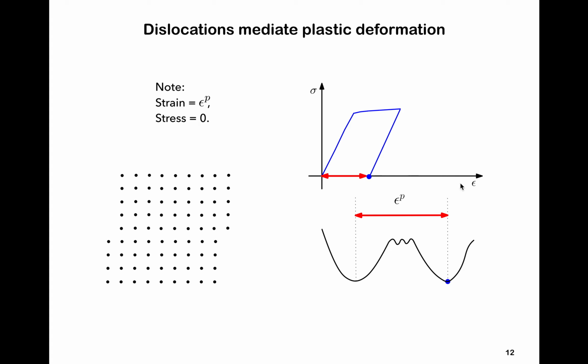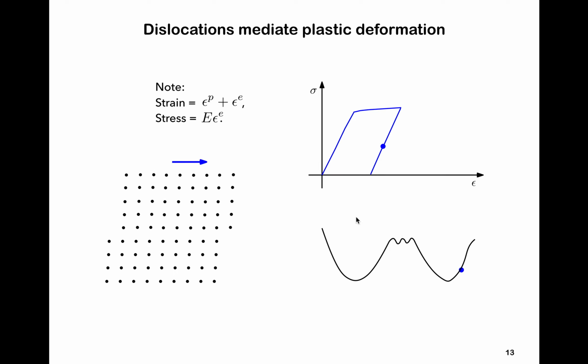Okay, so we saw that after removing all the loads, there is still a finite deformation that the body undergoes called the plastic strain. Now, if I continue loading, what is going to happen is the system is actually evolving in the new energy landscape.